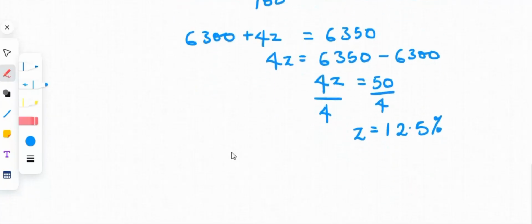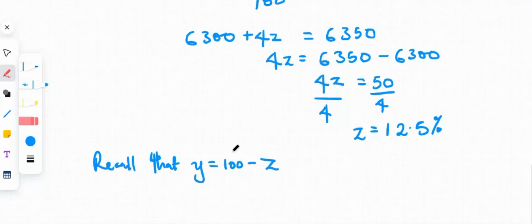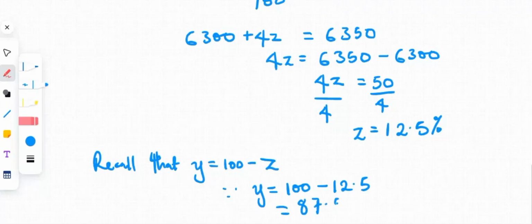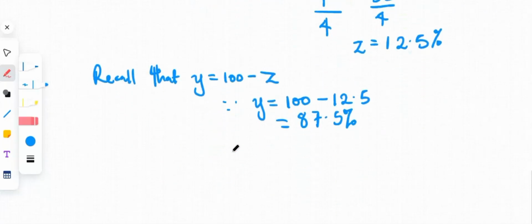So recall that y is equal to 100 minus z. Therefore, your y is equal to 100 minus 12.5, which is equal to 87.5%. So if it's JAMB, you are already done, you just pick your option.